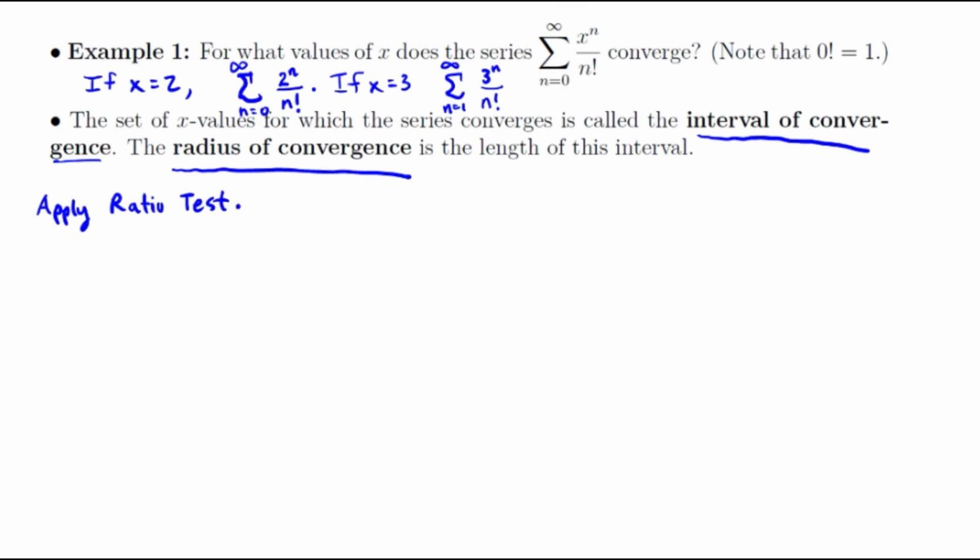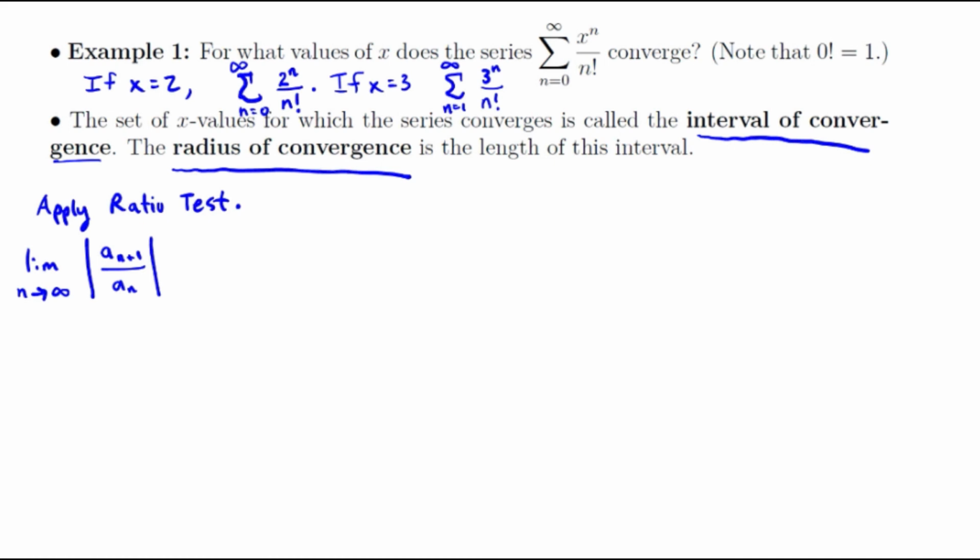Okay. So remember, in the ratio test, you take the limit as n goes to infinity of a sub n plus 1 over a sub n in absolute values. Okay?